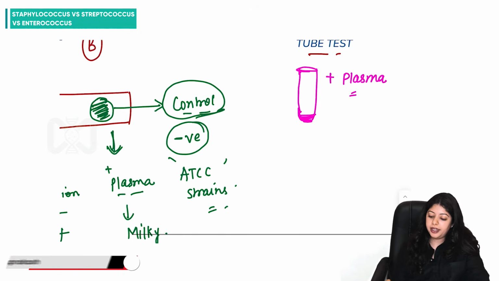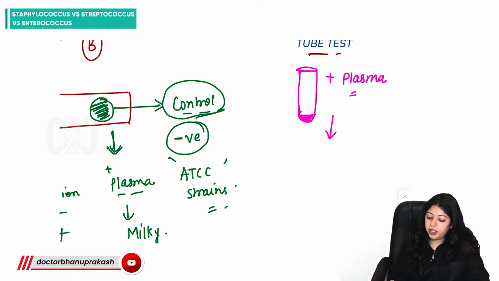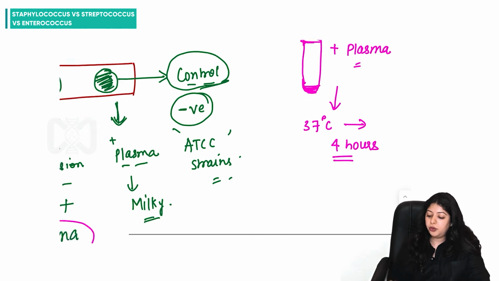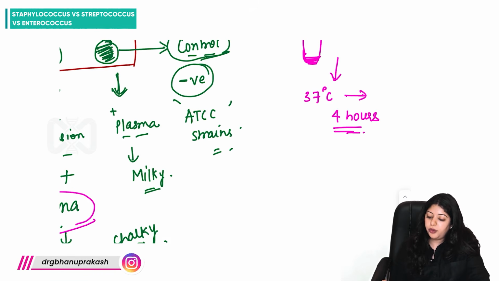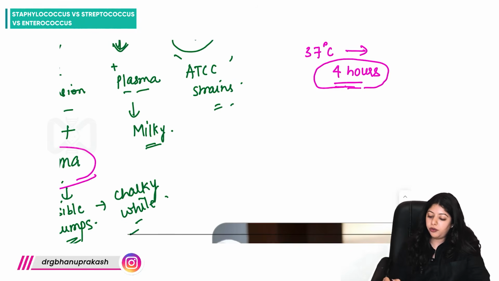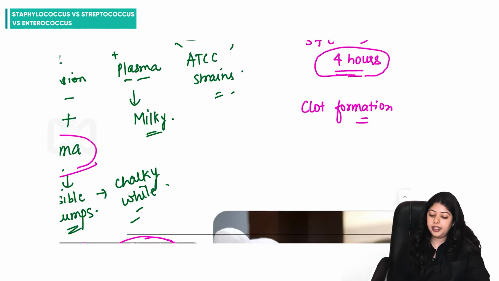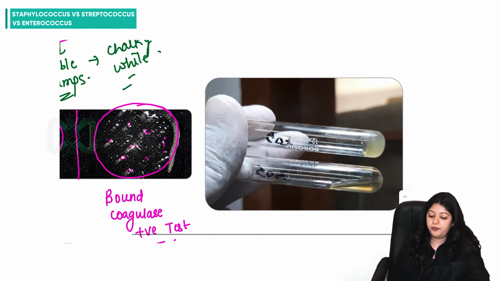And after adding plasma, we are going to incubate this particular tube at 37 degrees for 4 hours in the incubator. 4 hours, right? So after 4 hours, we are going to look for clot formation inside the tube. Let's see that with the help of an image.